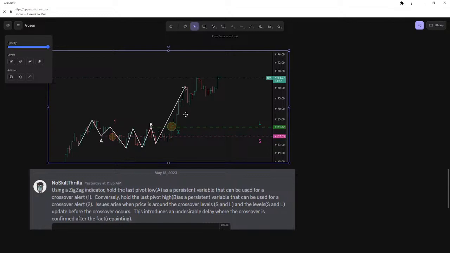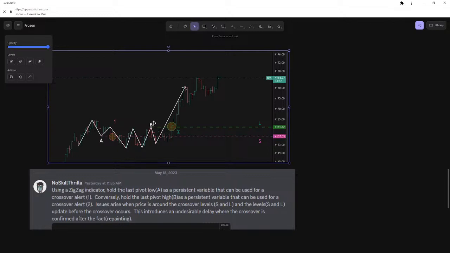But the problem I have always is that you can use a persistent variable, and even in the studies, use an if statement that says, hold the last pivot high until a new pivot high is confirmed. For example, when B is confirmed, that means the price moved away from that B point a certain percentage.